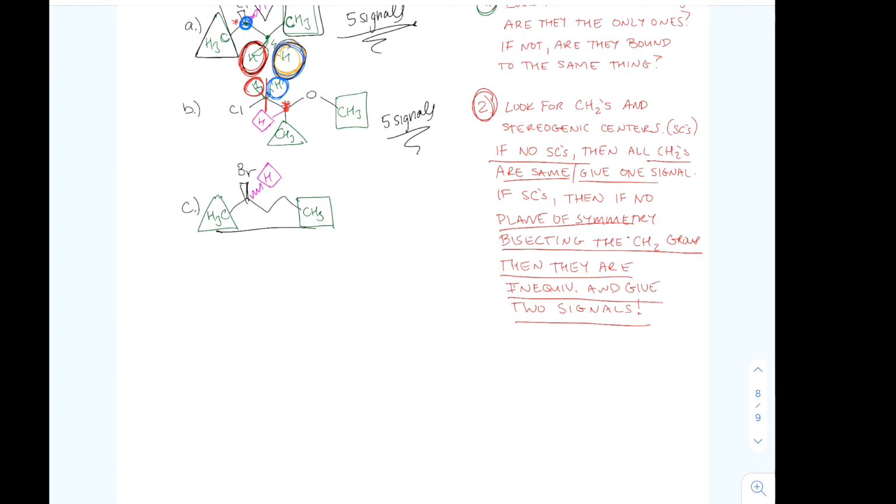It's all about, remember we have the B naught, where we have that applied magnetic field, and then that applied magnetic field is affected, or the protons either feel all of that B naught, or they feel some of it. And when they feel some of it, that's because of the amount of electron density surrounding that particular proton, and so that's ultimately leading back to the acidity of that proton, right?